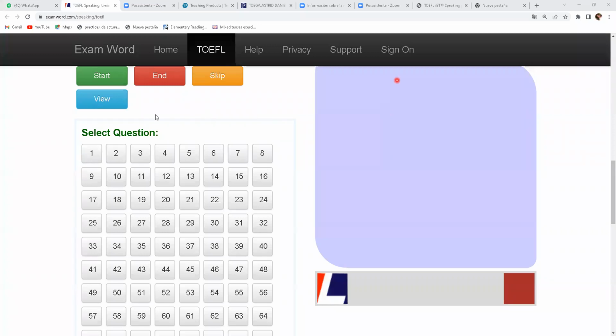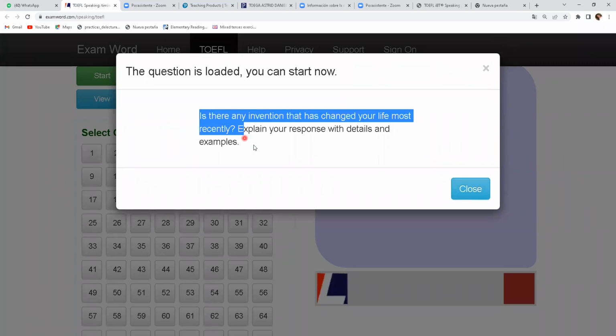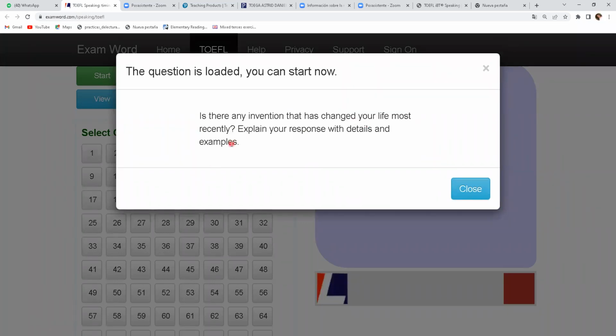I'm going to explain how it works. The practice page I'm going to show you imitates the mode of TOEFL speaking, so you're going to have timing. I'm going to share my screen. I'm not sure if this is the first time we're practicing this activity. For example, I'm going to choose number 1. Is there any invention that has changed your life most recently?